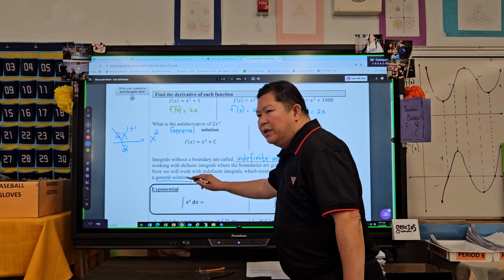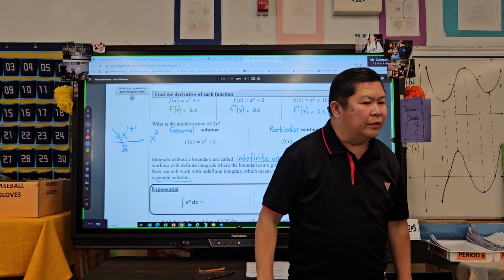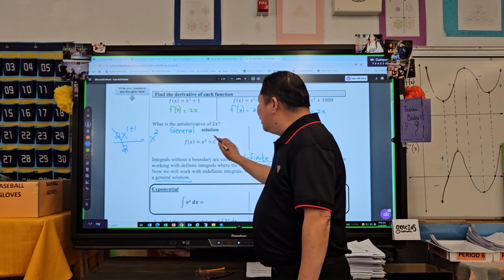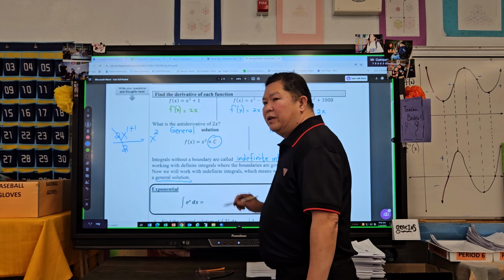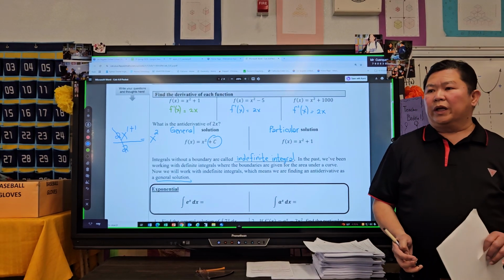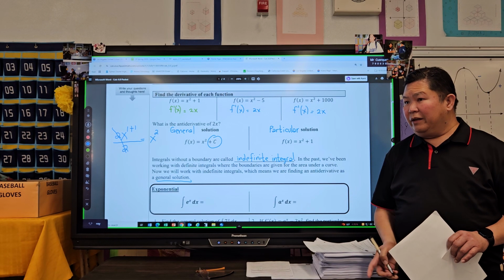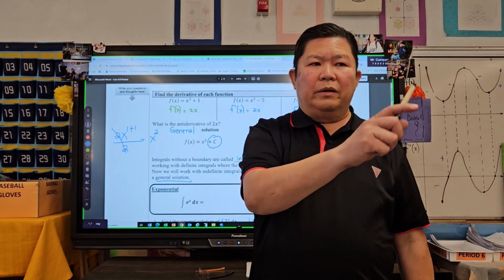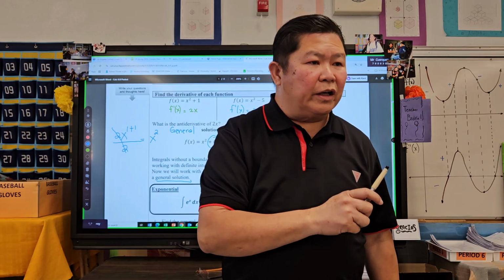So what is your idea again with general solution? It has plus C. Plus C all the time. But for a particular solution, we're gonna solve for the value of C. Okay? So oftentimes in the actual AP, they just say, find the general solution.